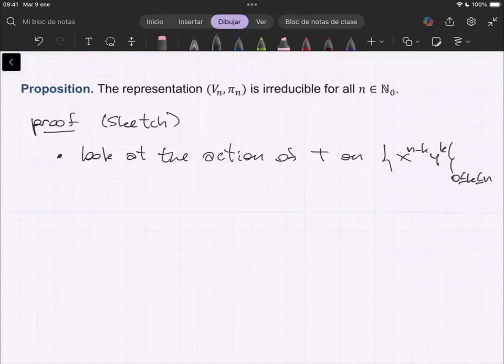So we look at the action of T on these elements, and one can prove that for any matrix like this, acting on, say, p_k, let's call this p_k, the result is a multiple, given by z to the n minus 2k, of x^(n-k) y^k.